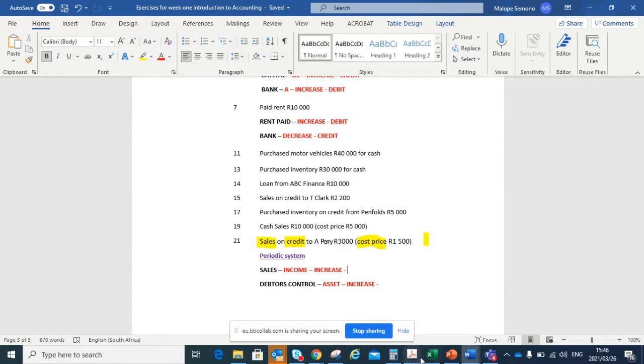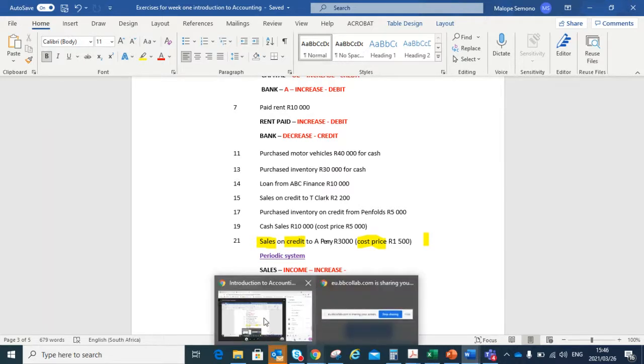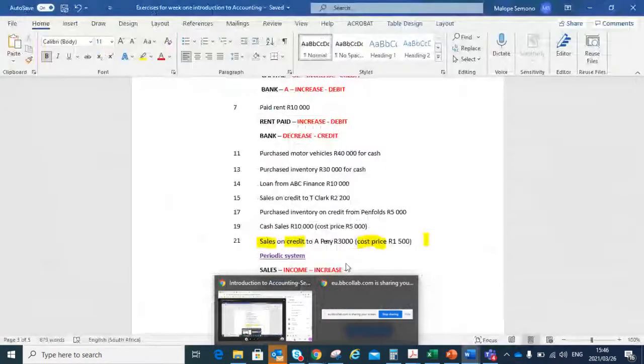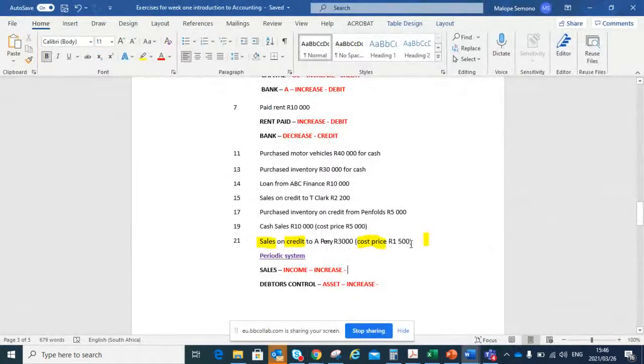Check the rules that I gave you. Let's see. Credit income, yes. I'm going to credit income because incomes increase on the credit side. And obviously, I'm going to debit the assets. If you don't understand, guys, just ask me.